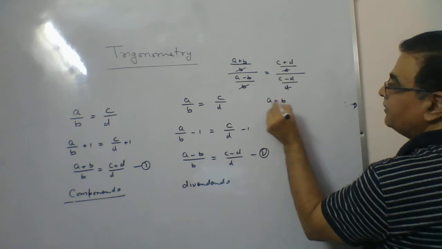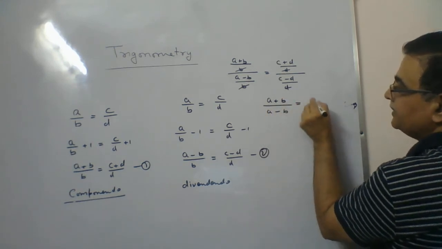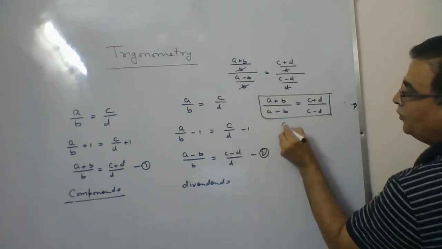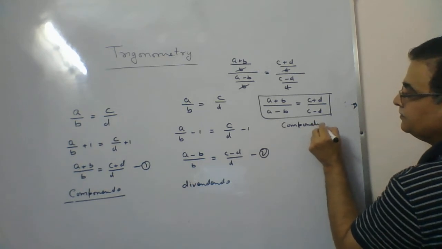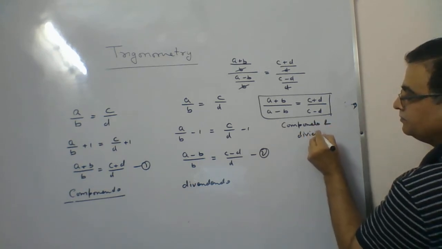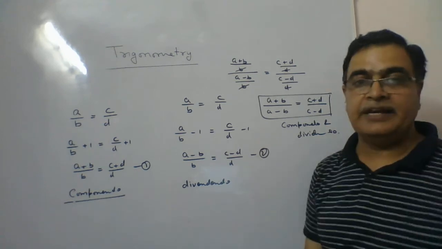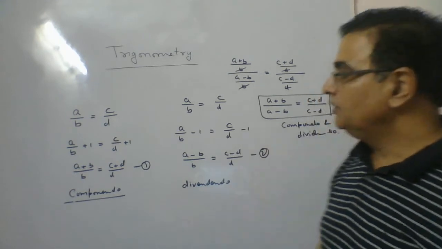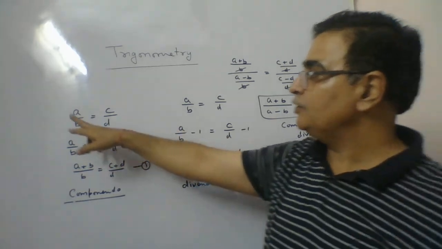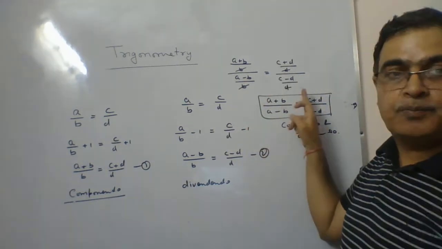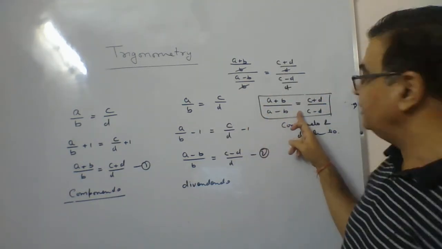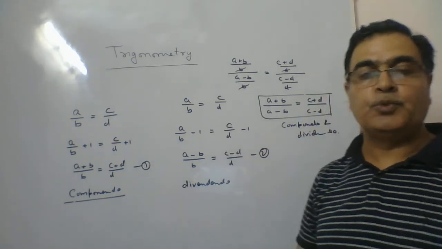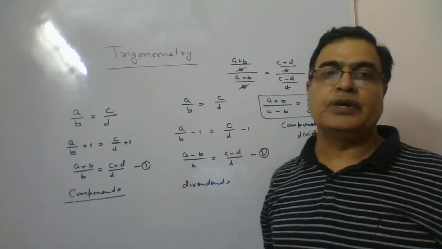I get the result A plus B by A minus B is C plus D by C minus D. This is called componendo and dividendo. When A by B is equal to C by D is given to you, and you use componendo and dividendo, you can write this ratio as numerator plus denominator by numerator minus denominator, and numerator plus denominator by numerator minus denominator. This is called componendo and dividendo, which you can use in the questions.